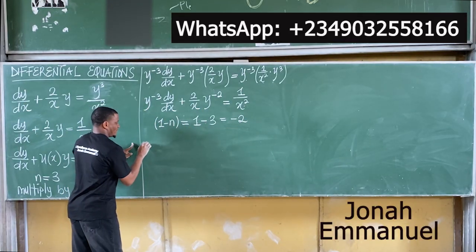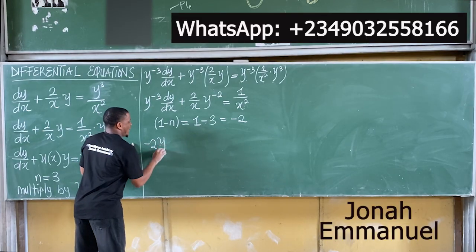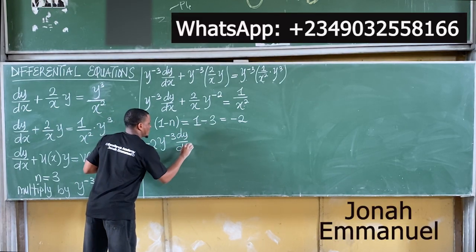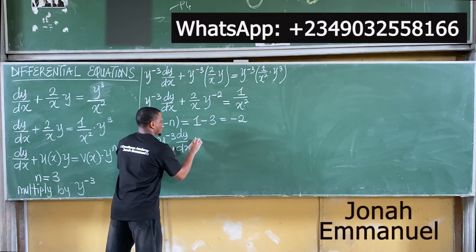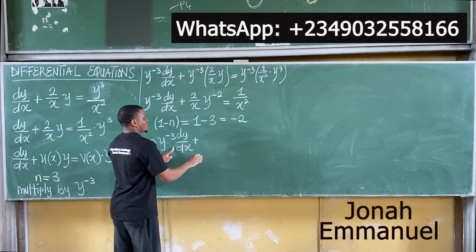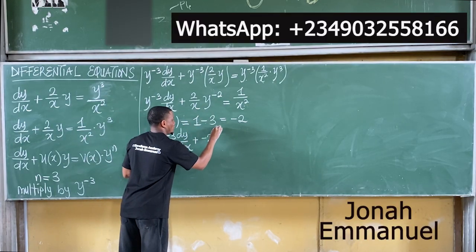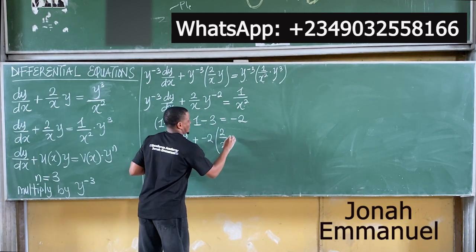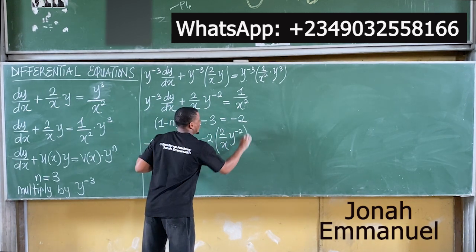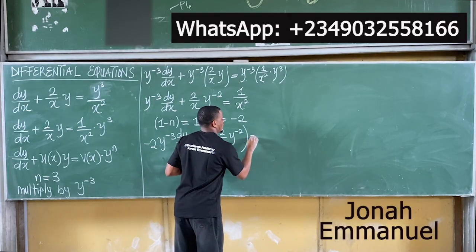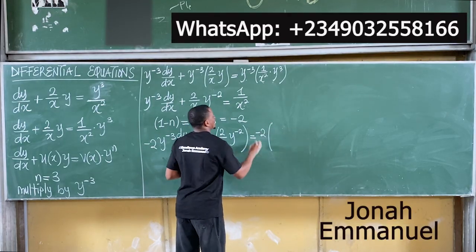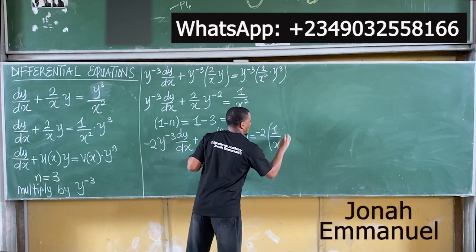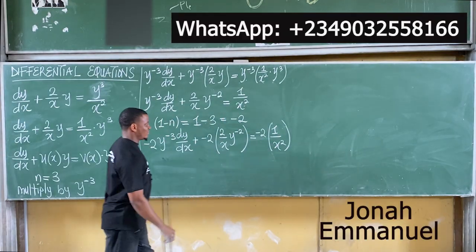I have minus 2 y to power minus 3 dy dx, plus multiply through by minus 2, minus 2 into this 2 over x y to power minus 2 is equal to minus 2 into 1 all over x squared.